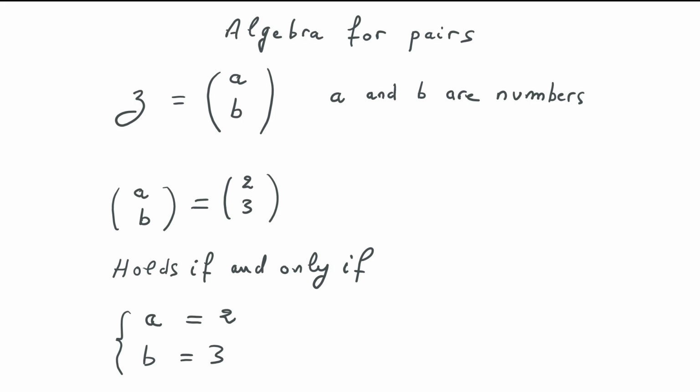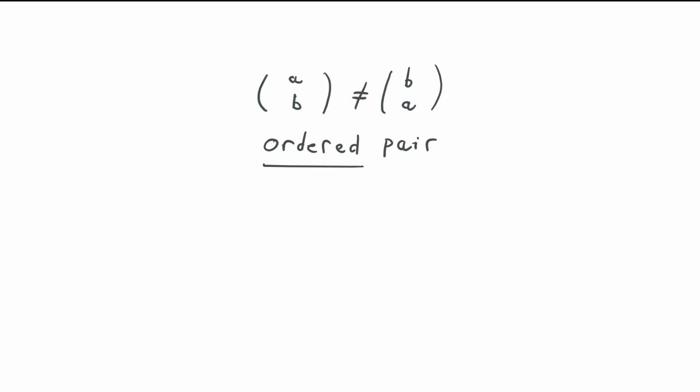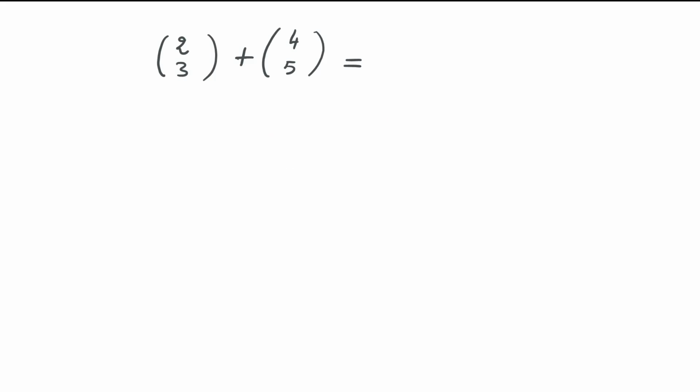So all the terms in one row are identified to each other, okay? So this means also, as a consequence, that the pair (a, b) is different from the pair (b, a). This is what we call an ordered pair, okay? And that is not to be confused with an ordered set. It's the pair itself which is ordered.